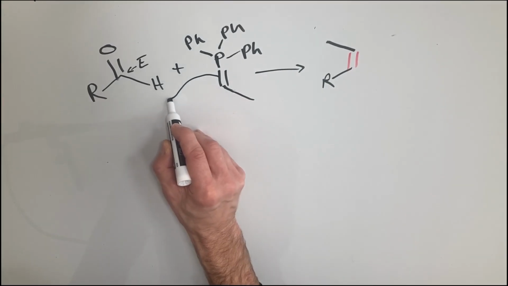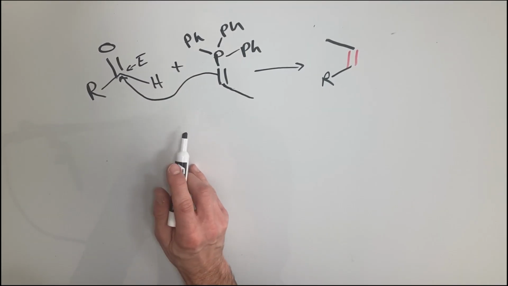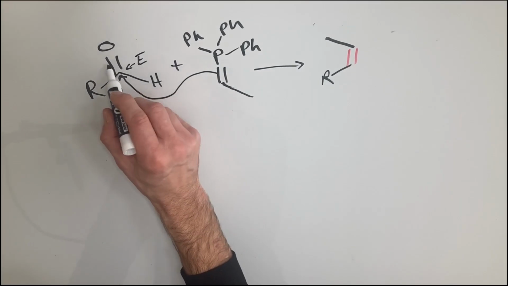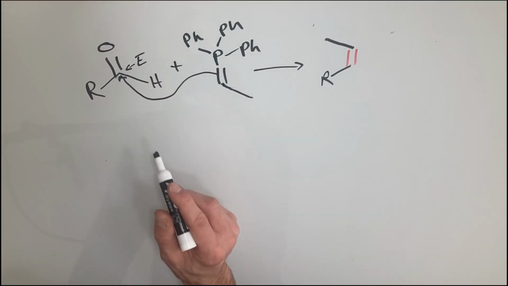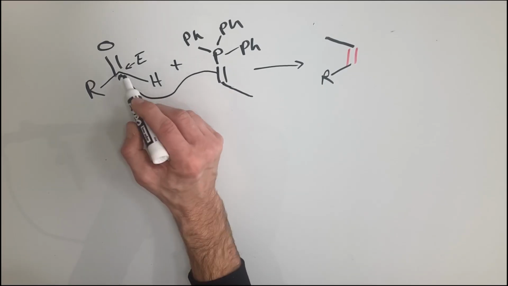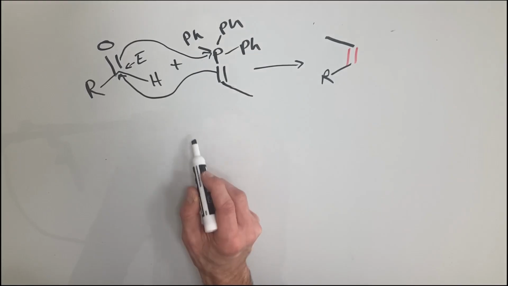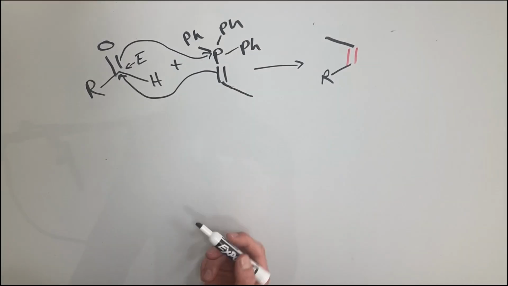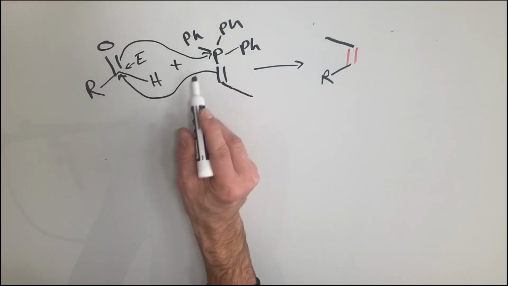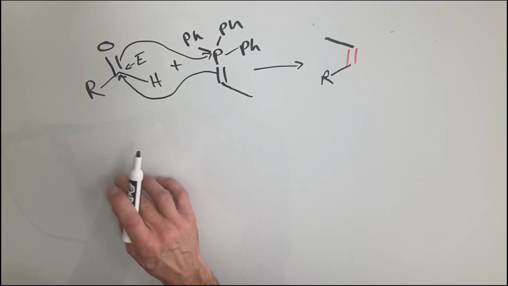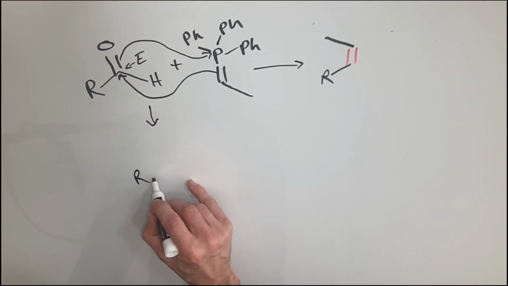So we're going to start our arrow here with these electrons, attack the electrophilic carbon of the aldehyde, and then typically what we would do is move these electrons up to the carbonyl oxygen. In this case, there's a concerted ring-forming reaction, and so these electrons are going to attack phosphorus. Remember, in the resonance form, phosphorus had a positive charge, and so this will give phosphorus a neutral charge now. So the product of this is this.